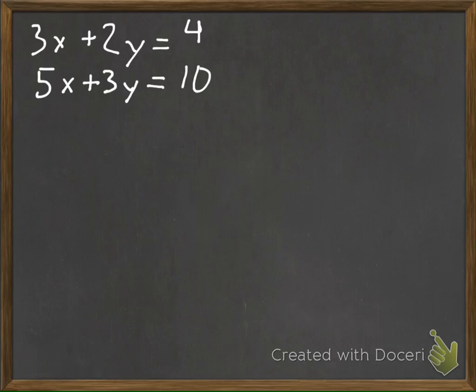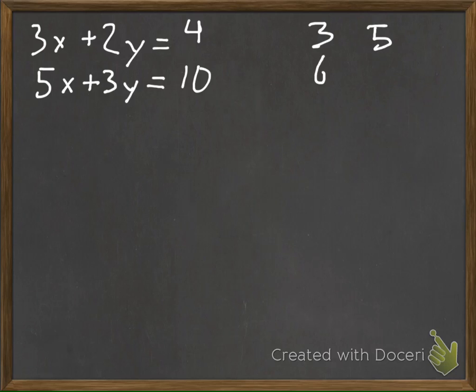Now we need a common coefficient for elimination to work. So I'm going to pick a variable that I want to eliminate. In this case, I feel like eliminating x, so I'm going to look at my two coefficients of x. I've got a 3x and a 5x, and I want to figure out what is a common multiple.